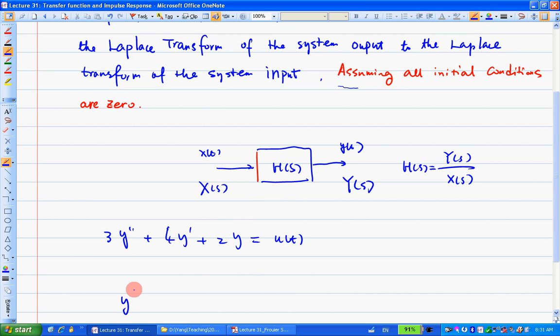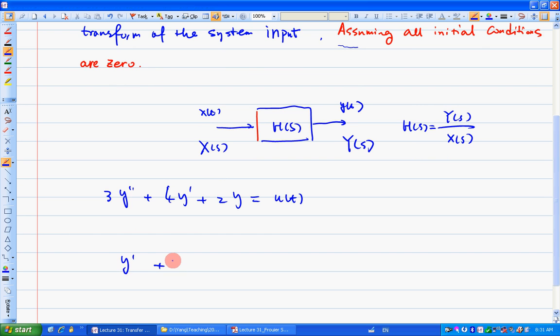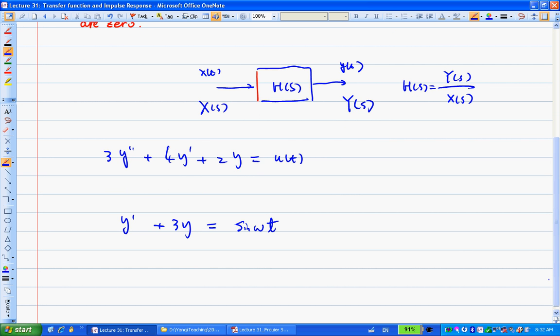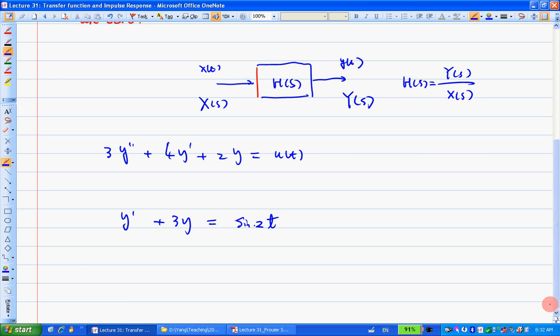The other one, let's say y prime plus 3y equal to sine omega t, which is sine t. Let's just do these two. What will be the Laplace transform of these two systems in here?